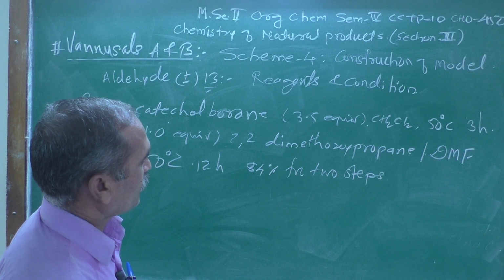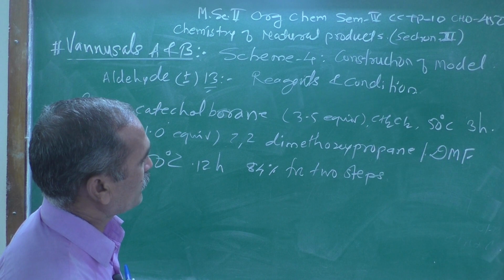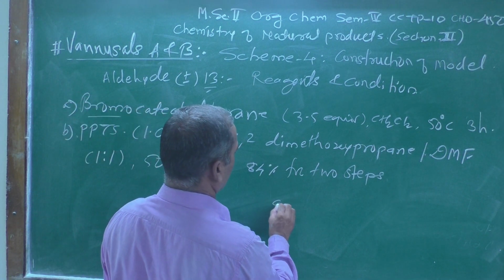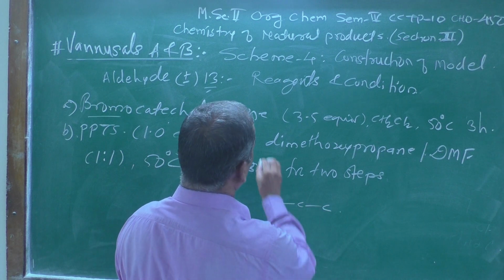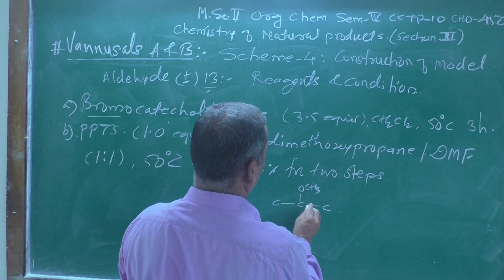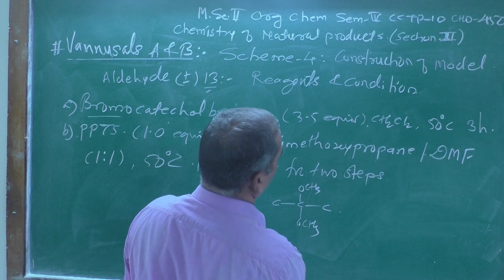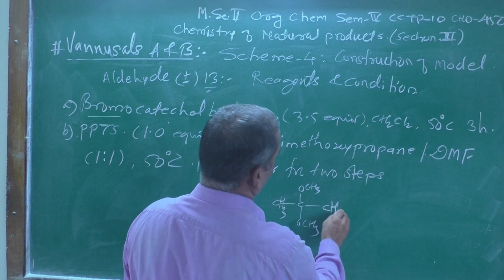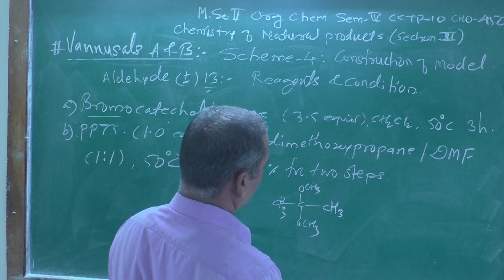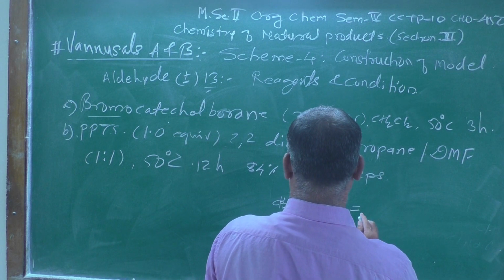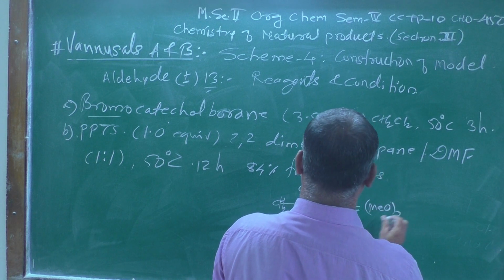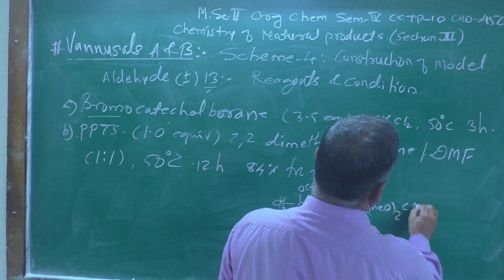2,2-dimethoxypropane: propane we know has 3 carbon atoms in a straight chain, so here we can write C, C and C. 2,2-di, here OCH3, and over here OCH3, and the rest are CH3 and CH3. In short we generally write it as MeO twice, C Me2.